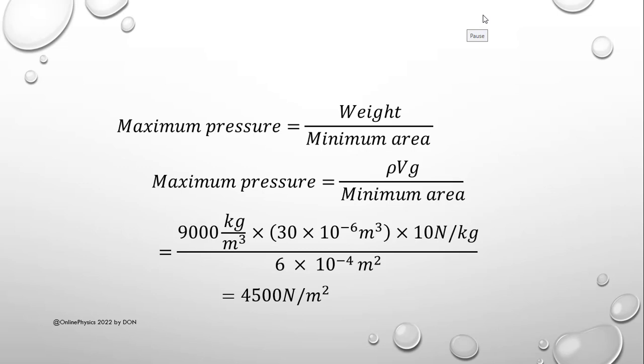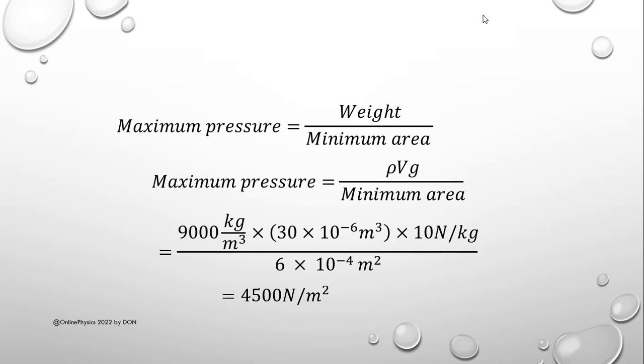Obviously, when we are determining pressure, the formula is force over area, and in this case we are required to find the maximum pressure. So it means that we are going to get the weight of this particular object divided by the minimum area to give us the maximum pressure.